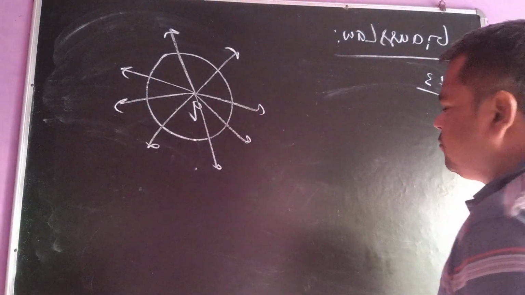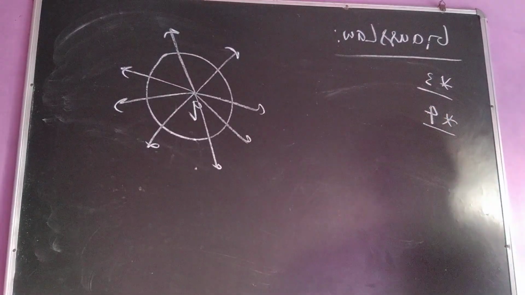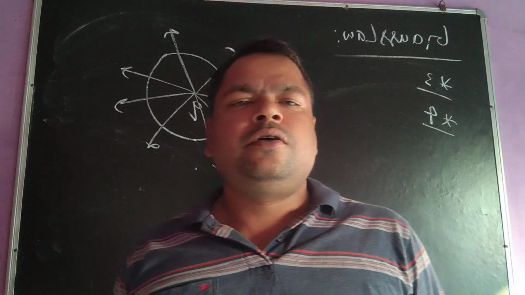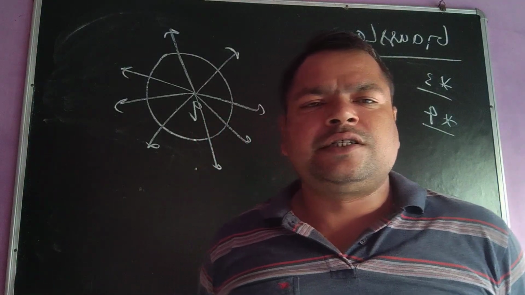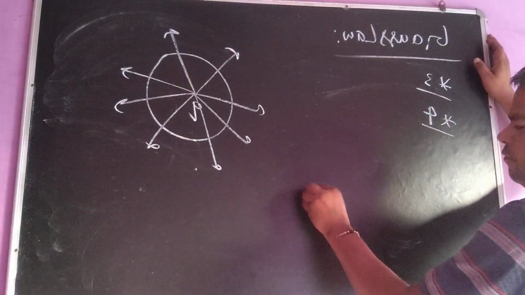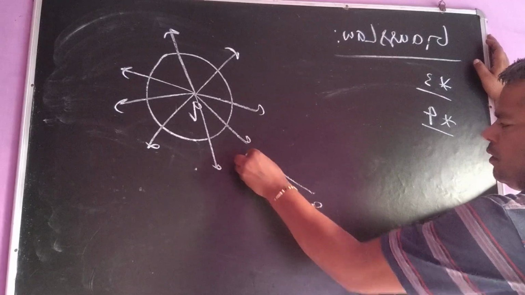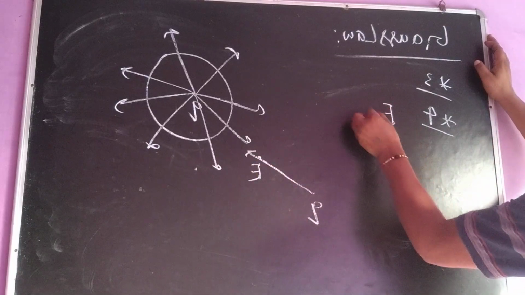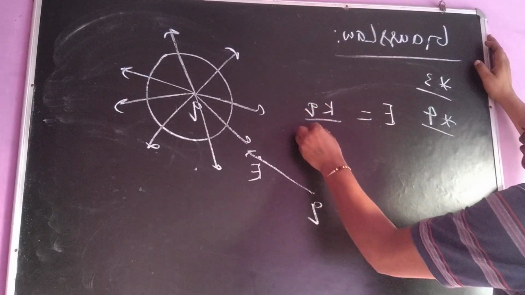Fourth point is this: the Gauss law is valid for the fields which obey the inverse square law. Inverse square law means if we have this charge Q and the electric field at this point is E, then according to Coulomb's law, the field is KQ upon R square.